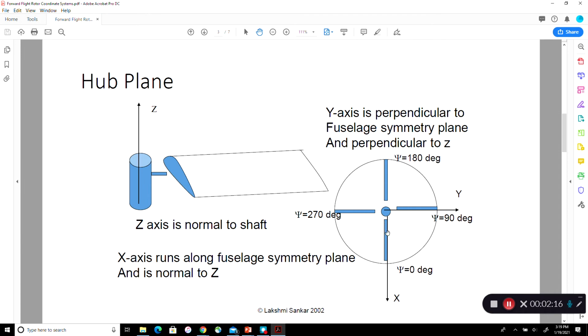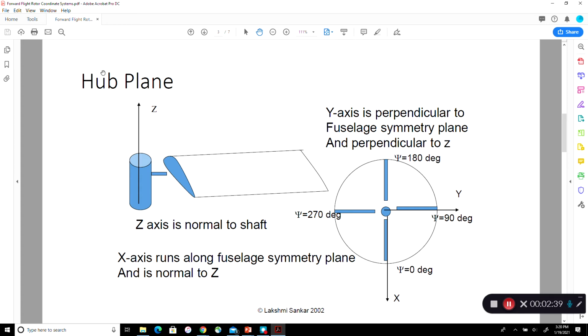Then because we are using a right-handed coordinate system, the y-axis is to the right side of the pilot at psi equal to 90 degrees. So the x-axis is along the fuselage symmetry plane, normal to the z-axis. The y-axis is perpendicular to the fuselage symmetry plane and also perpendicular to the z-axis.